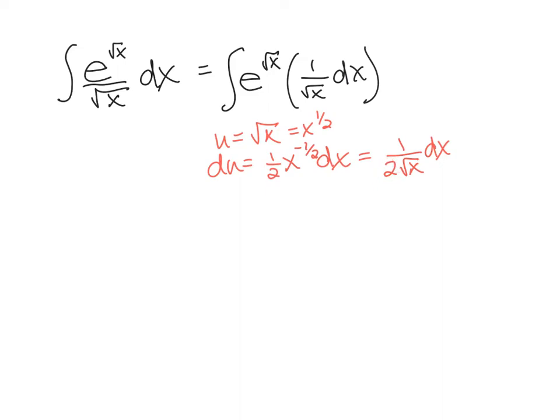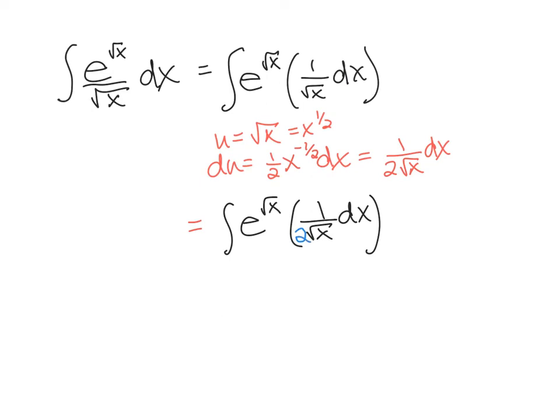So what you're going to do is you're going to take what you had, e to the power. I have a root of x in the denominator and a dx. I'm missing a 2 in the bottom. Let me do that the way I was doing in blue.